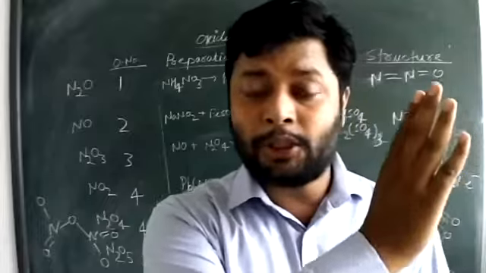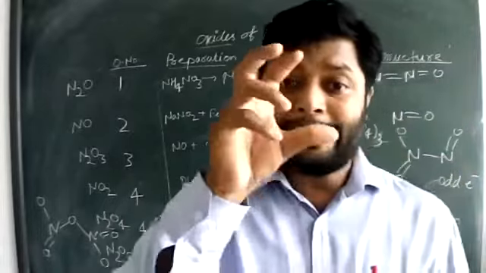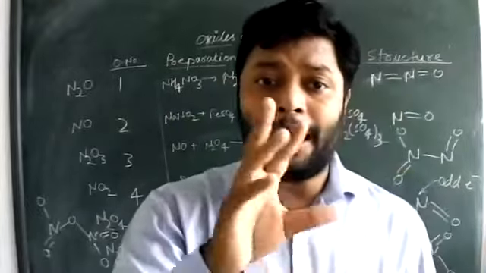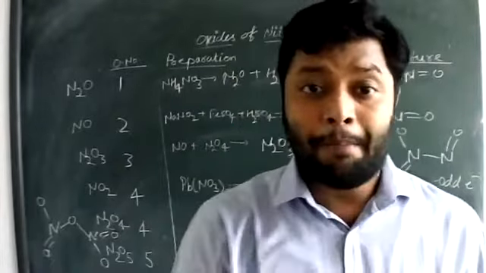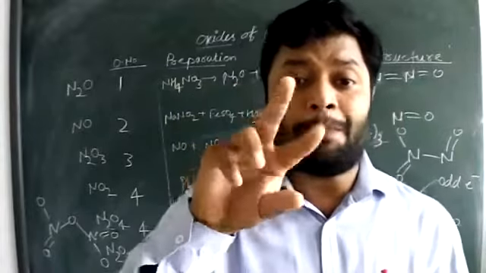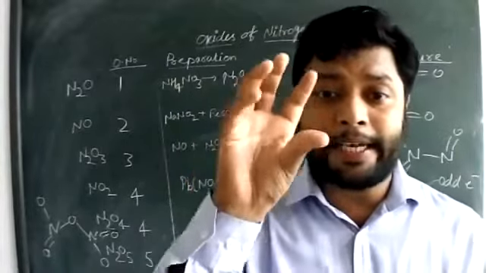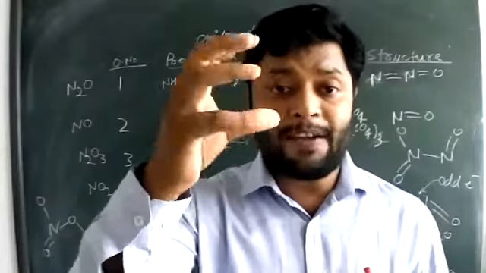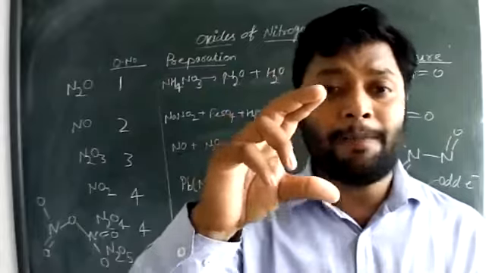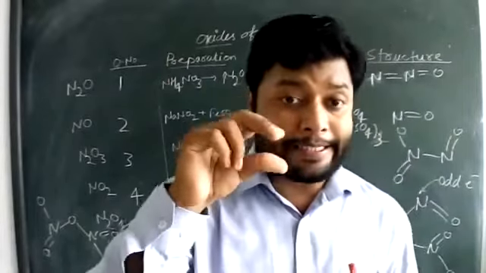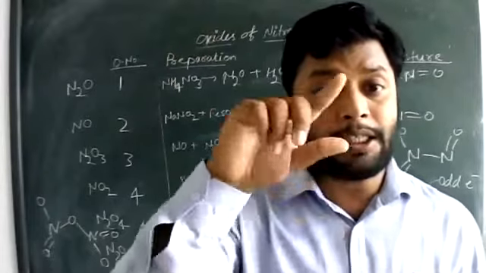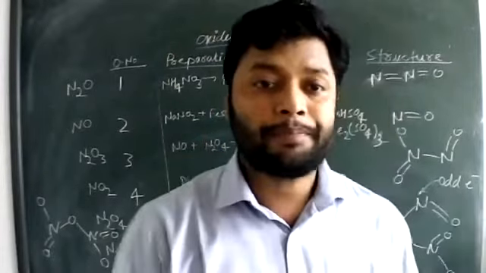Carbon has the highest catenation for the same reason: small size can easily make a bond, and there is no lone pair to break the bond. But in nitrogen, the lone pairs on the nitrogen atoms repel each other, and that decreases the catenation power. When we move to phosphorus, because of its large size, the lone pair repulsion decreases. That increases the catenation power in phosphorus, which exists as P4.